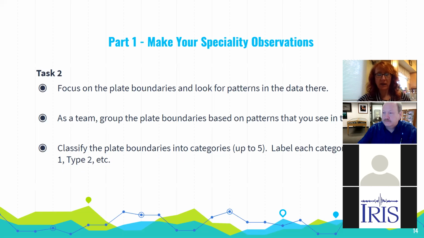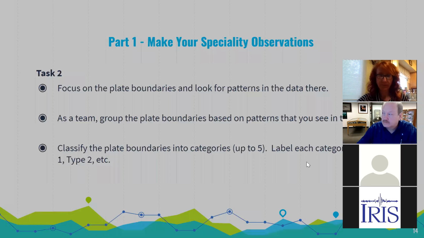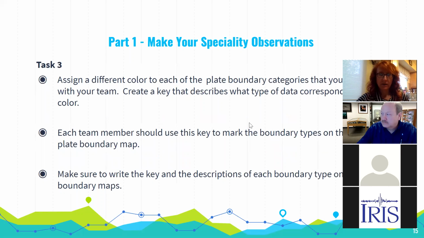So they might classify those into up to 5 categories and find different places where there are boundaries that fit into those categories. And of course, as task 3, they're going to color code their plate boundary map to correspond with the categories that they have created, and create a key that includes a detailed description of how they've classified each of the boundary types.